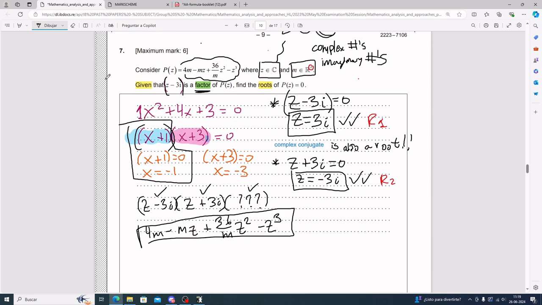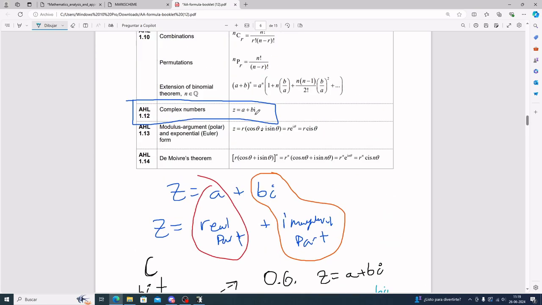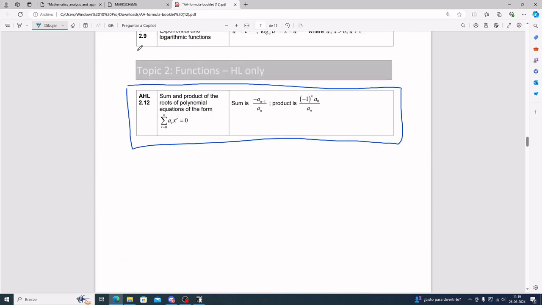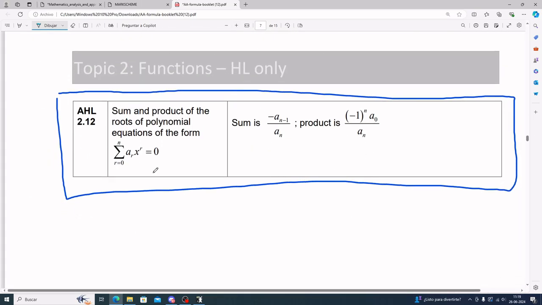Anyways, the method that I'm going to show you has to do with the following. In your formula booklet, which I did mention that it's very important to get familiar with and to learn, I gave you the foreshadowing, fancy word, that this was going to be very useful.